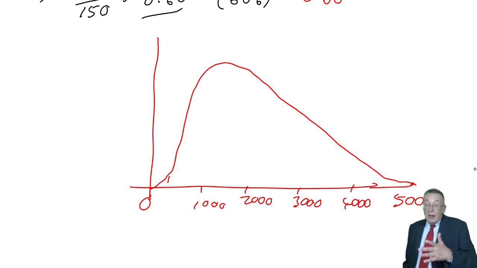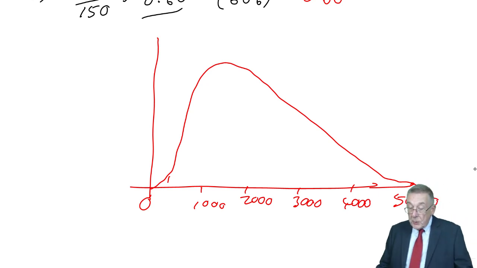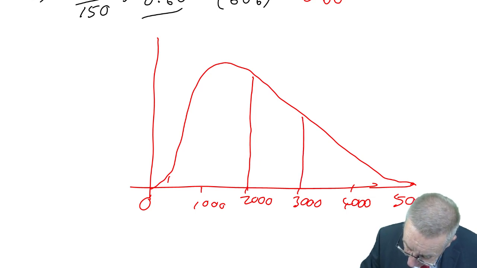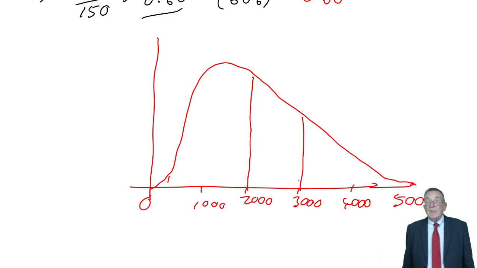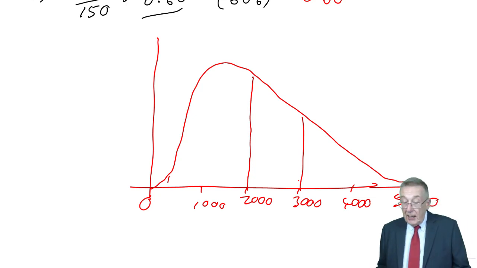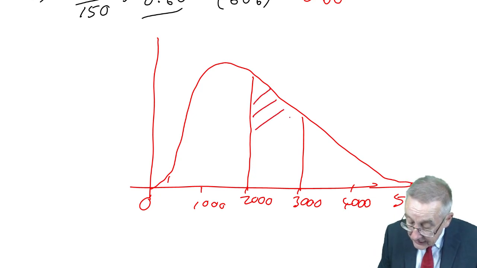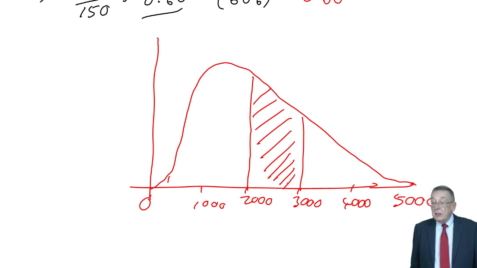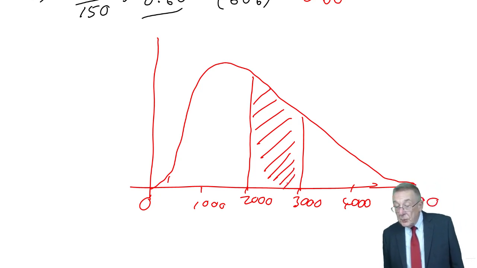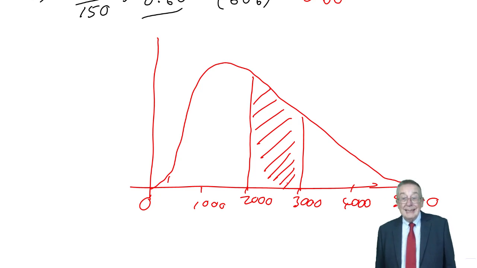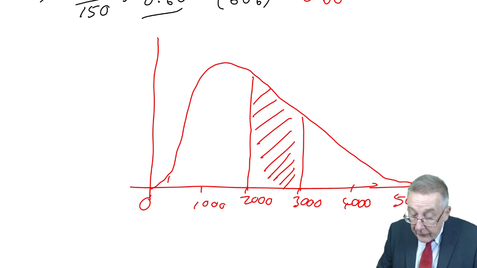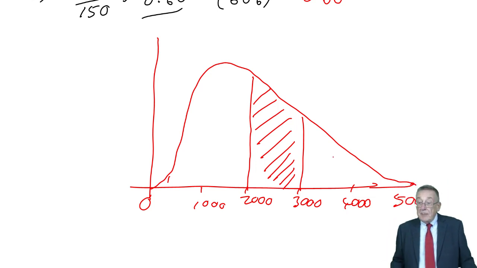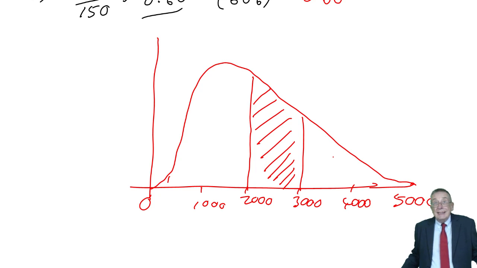If I said, what proportion earn between 2,000 and 3,000, well, the area under that curve, that shaded area, would be proportional to the total number of people between 2,000 and 3,000. The total area under that curve would be proportional to all the people.